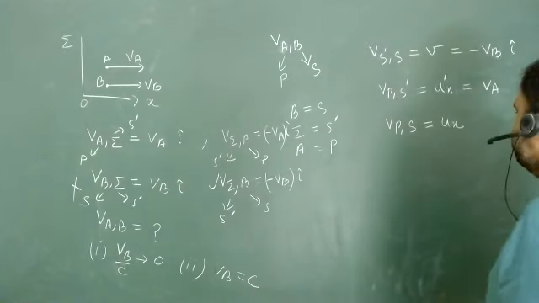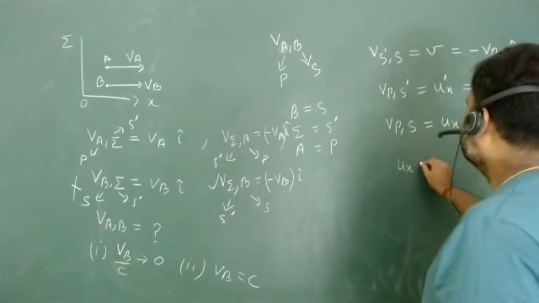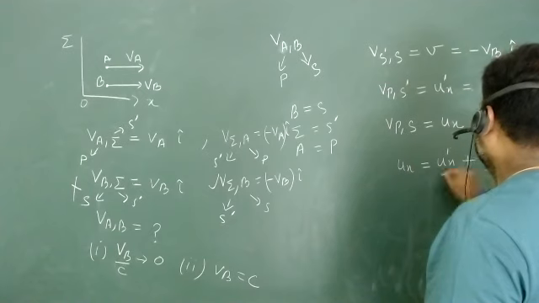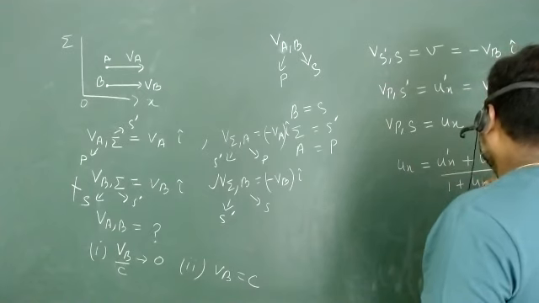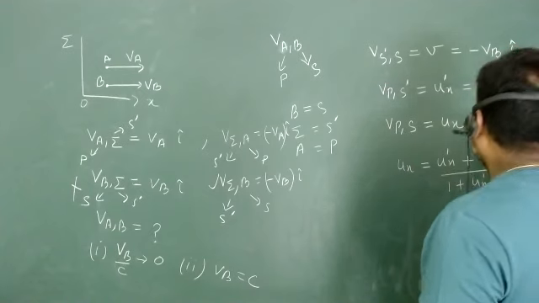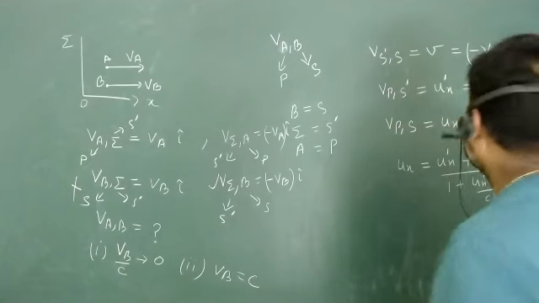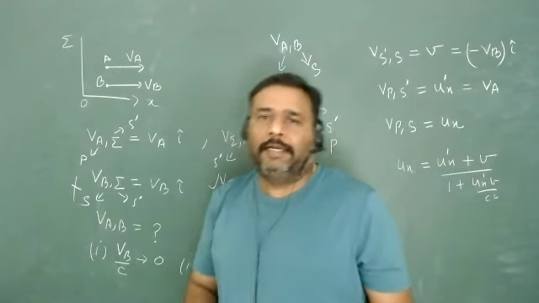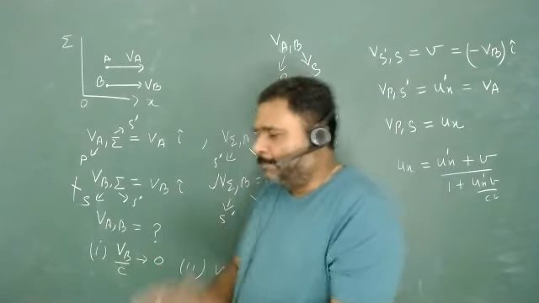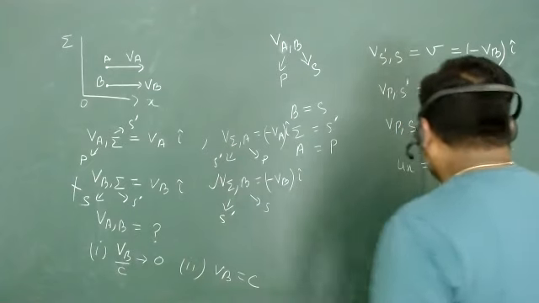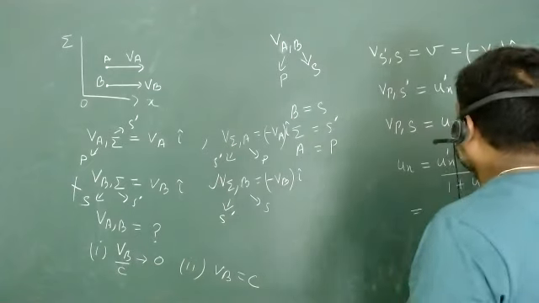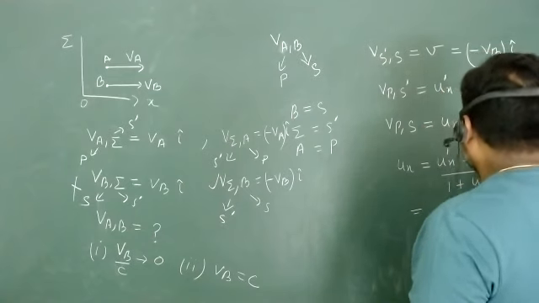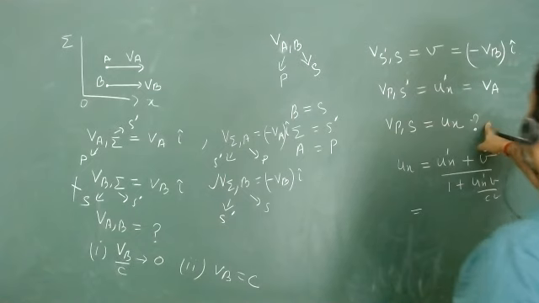And when you are putting this particular thing, then UX is equal to UX dash plus V upon 1 plus UX dash V upon C square. Please keep this minus sign something like this because I am just using physics. Okay. I will just keep everything in an addition form. What is UX dash? This is given.